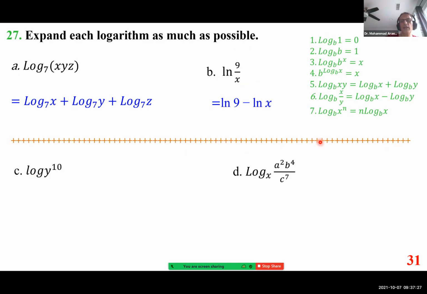We are looking at the power rule. The exponent sits in front and becomes a coefficient. We are looking at a combination of power rule, product rule, and quotient rule. So we can write this as follows.